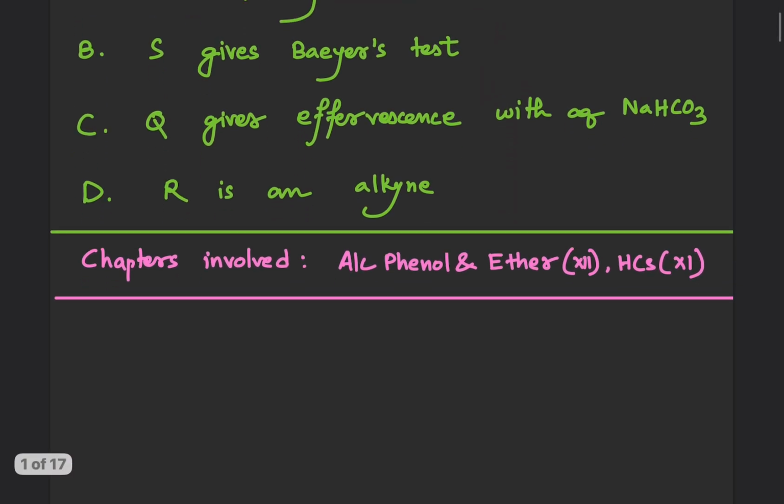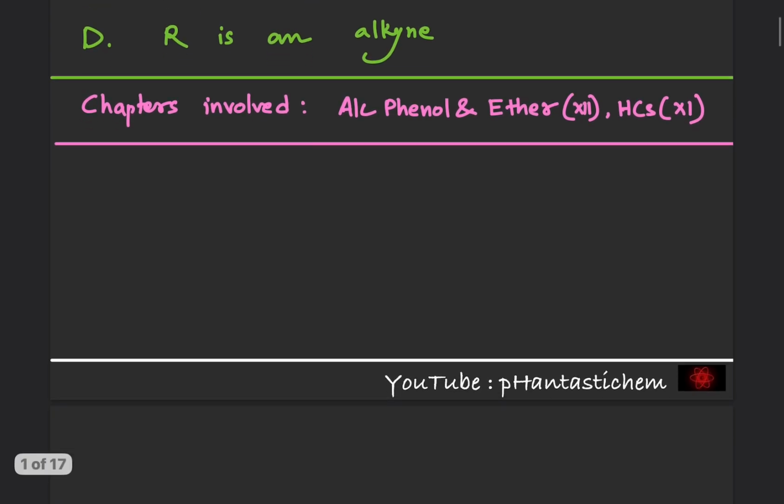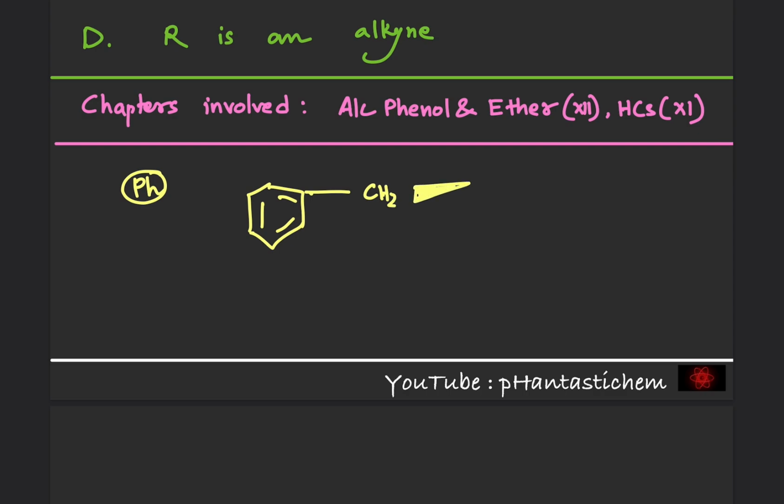The chapters involved are alcohols, phenols and ethers, and hydrocarbons. To start with, let us concentrate on our starting compound. The starting compound is basically a benzene ring, CH2, and it is connected to, one second, it is taking up some space.